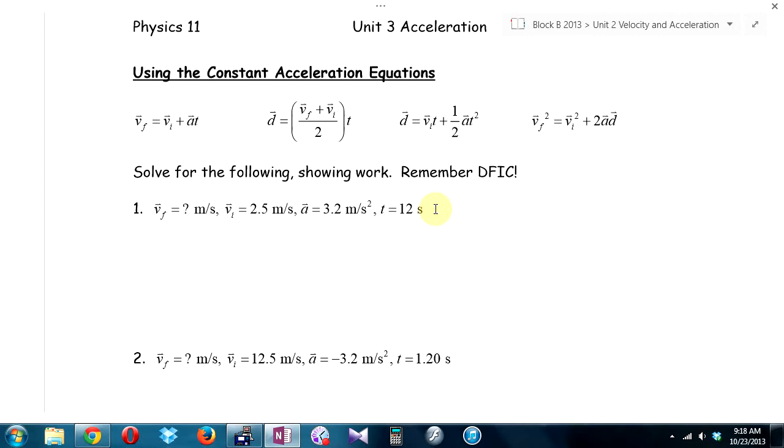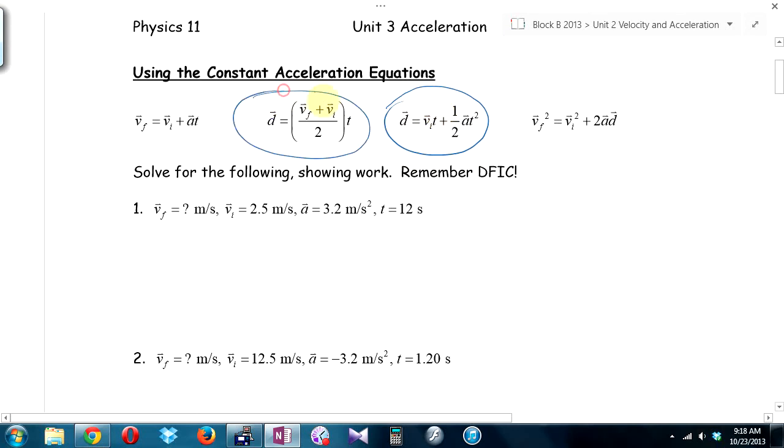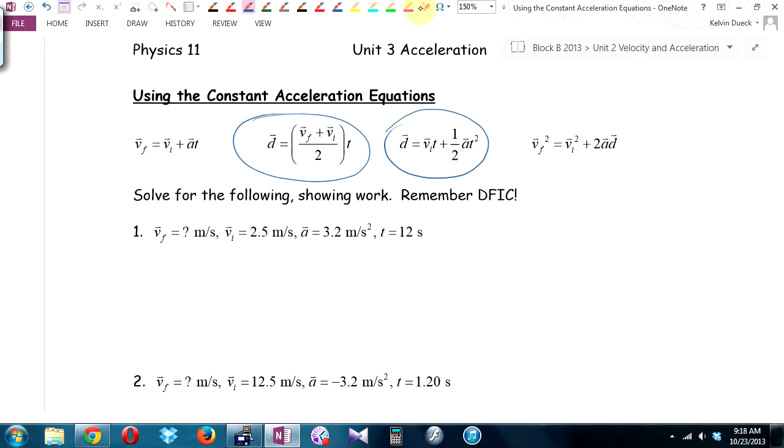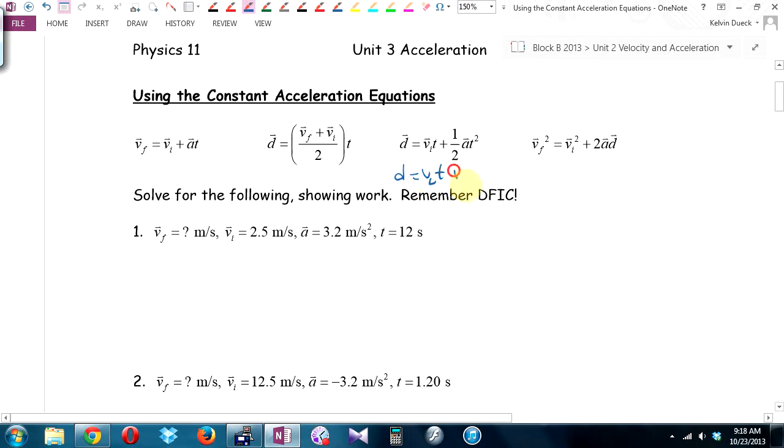The toughest equation, that one there. The second toughest, that one there. You may find it easier when you're doing your fancy schmancy formula manipulation to think of this one as d equals v_i t plus 0.5 a t squared, because you guys suck at fractions. You don't quite always know how to deal with them.